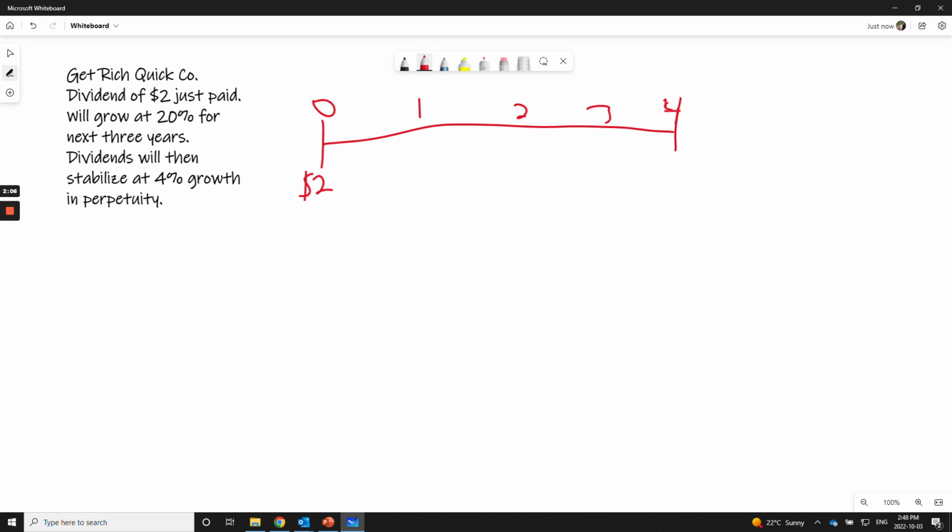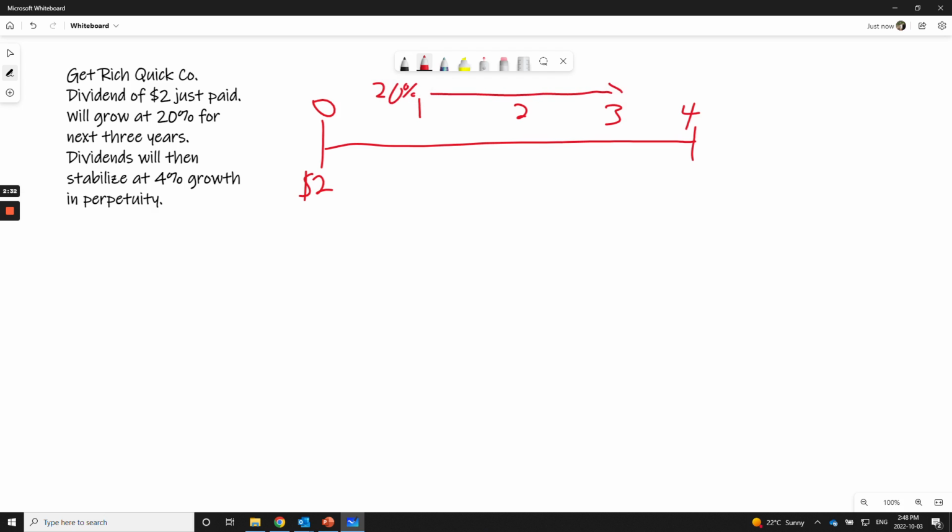So if the dividend just paid was $2 and it's growing at 20% for 3 years, then it's simply a case of increasing it by 20% each year. So $2 times 1.2 is $2.40. And I'm going to do that 3 times.